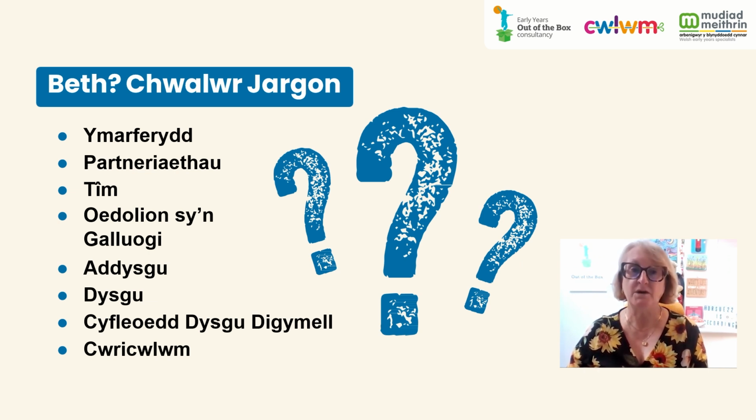In session 2, I talked about how I always say the word teacher when I refer to anyone I'm working with, because as soon as a child comes into our setting, no matter what sort of setting it is, we are teaching them something. But lots of people use the word practitioner. There's no right or wrong about this, as long as we know exactly what we mean when we say it, and that we demonstrate that we understand the words that we use and that we don't make assumptions with them.